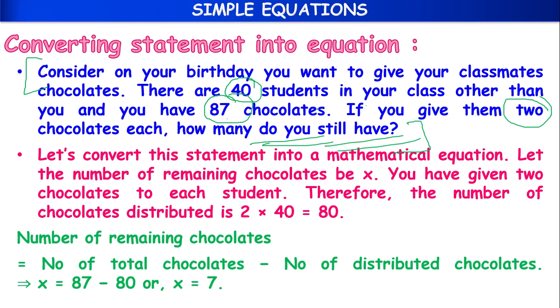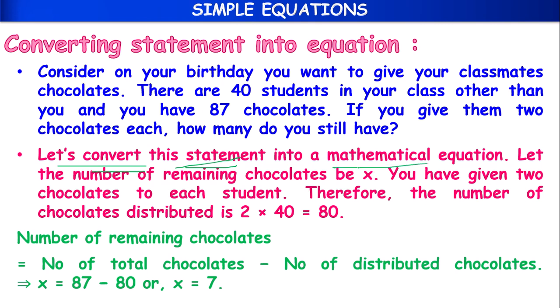This statement we are going to write in the form of an equation. So let's convert this statement into a mathematical equation. Here, what is the unknown quantity? The number of students in the class apart from you, 40, is a known quantity. The total chocolates we have, 87, is also a known quantity.